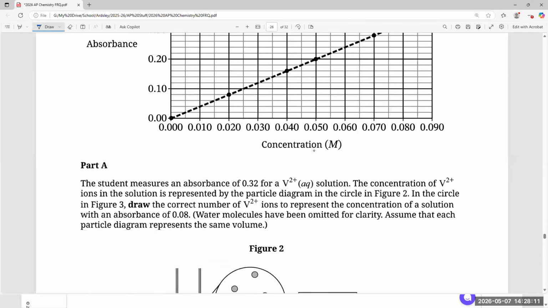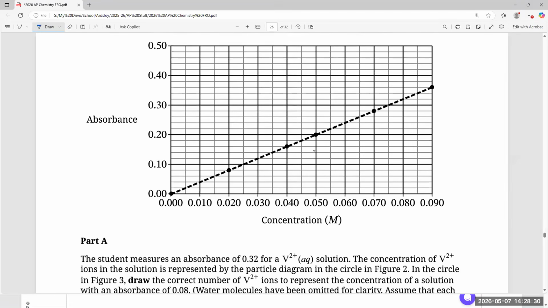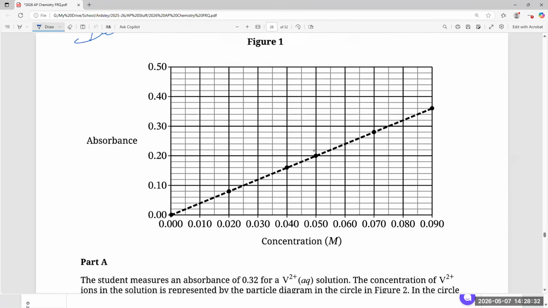Part A. The student measures an absorbance of 0.32 for a V2+ solution. The concentration of V2+ ions in the solution is represented by the particle diagram in the circle in figure 2. Look, it measures the absorbance 0.32. That is 1, 2, 3, 4, 5.